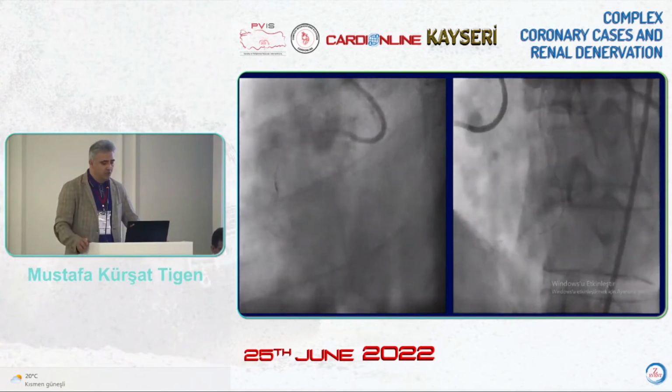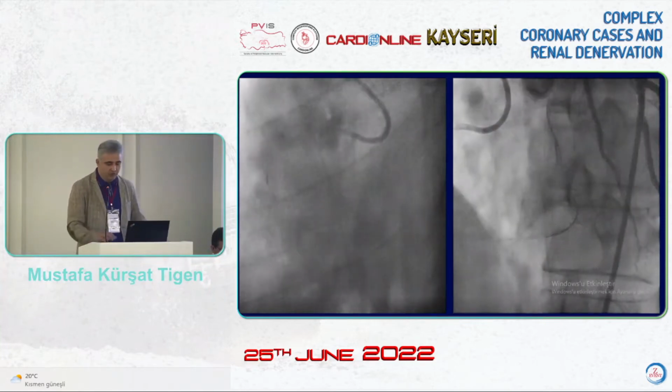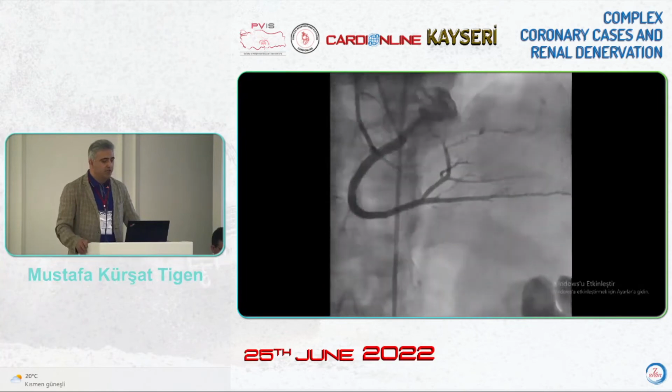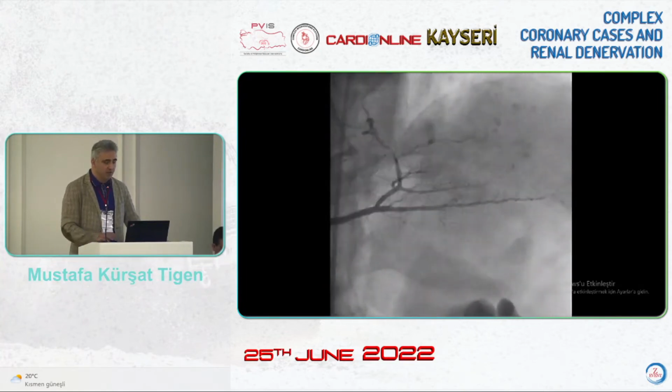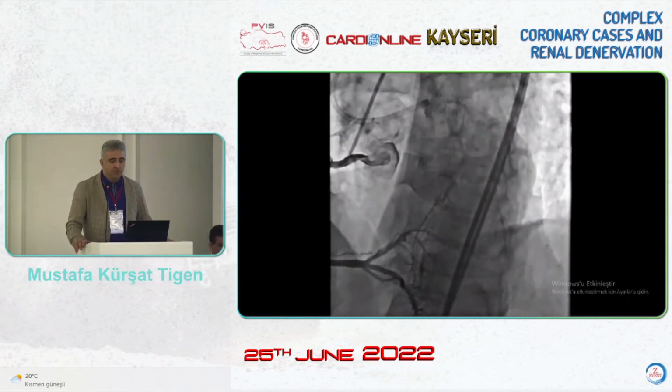As the wire support increases, it crosses itself. And we look that we are in the true lumen, and of course, after that, we can have the stenting and we have a successful result.